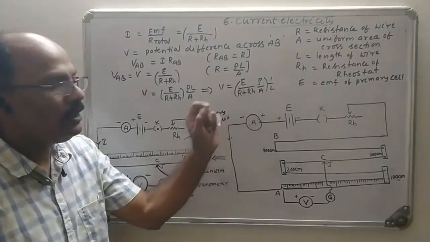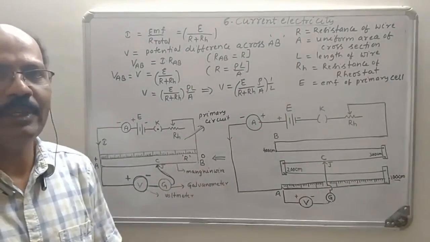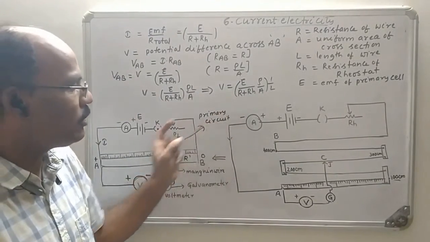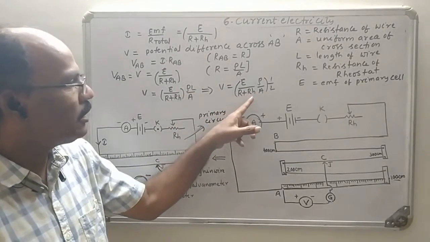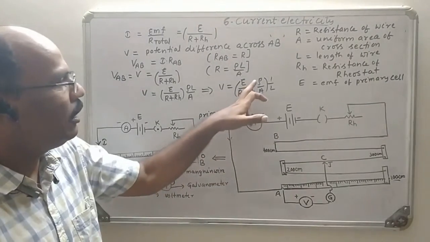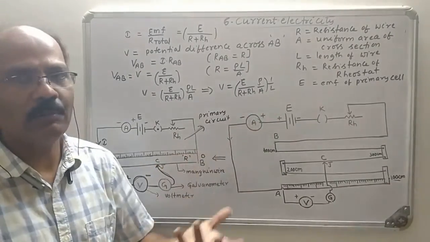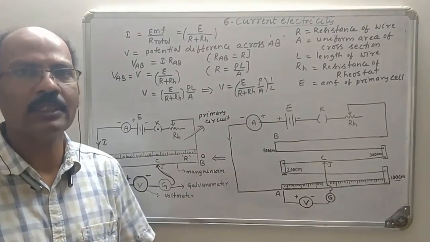E is the EMF of the primary cell, which is always constant. The resistance of the potentiometer is constant. The resistance of the rheostat is also constant. The resistivity of the given wire is constant. A is the uniform area of cross section, which is always constant.